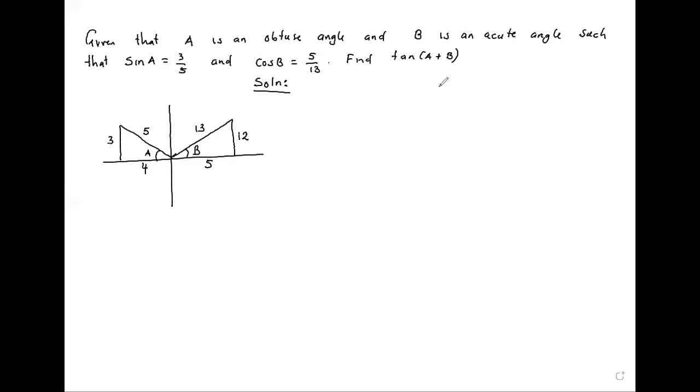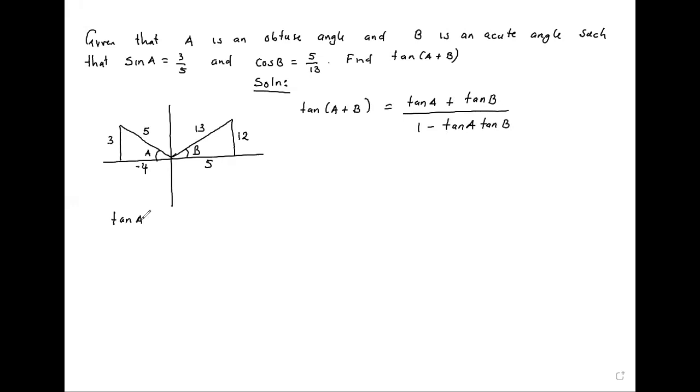So now here, tan(A plus B) requires that we find tan A plus tan B and then divide by 1 minus tan A tan B. So what is tan A?